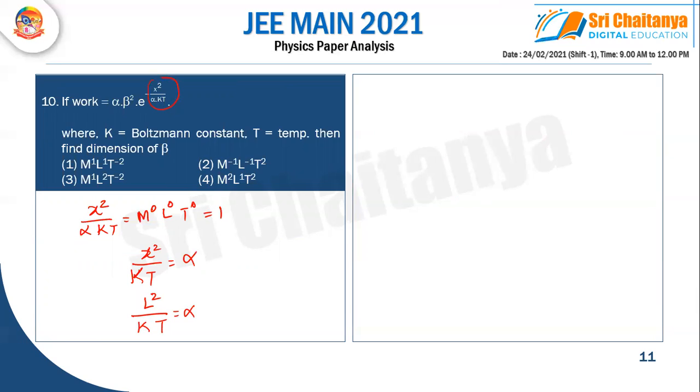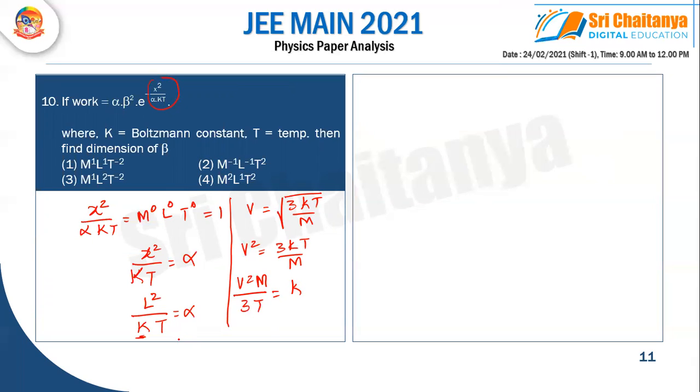I'm interested in finding the Boltzmann constant K. In order to find Boltzmann constant K, I take the help of V. This V is equal to root 3 KT by M. We have the knowledge of this. Now V square is equal to 3 KT by M. So V square M by 3T is Boltzmann constant K. So now I'll be finding this K from this.